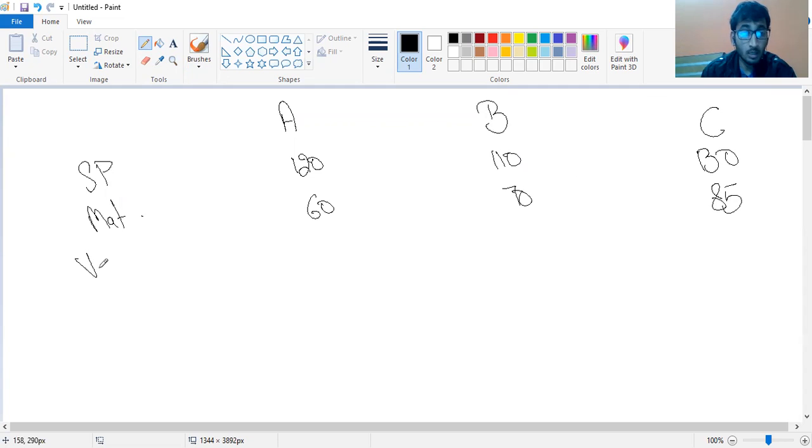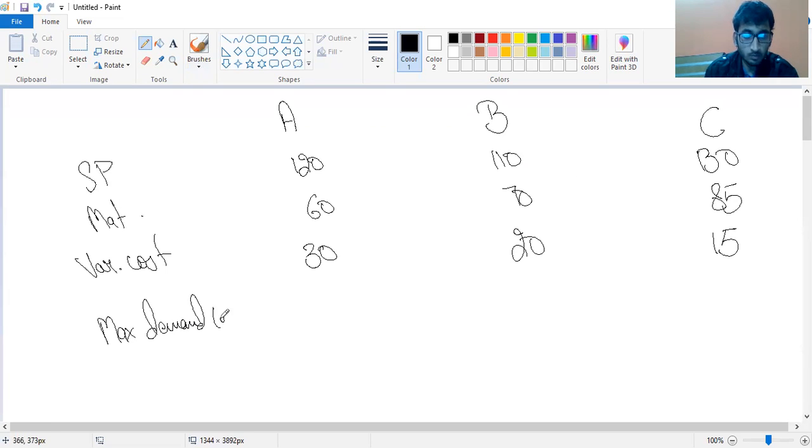Now what are the other variable costs? They are 30, 20 and 15. Now maximum demand in units. Definitely demand would be in units.